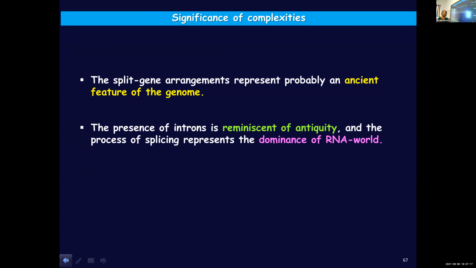And you know that before the RNA is getting formed, hnRNA will undergo the splicing process by means of which introns are removed and exons are joined. So the RNA is deciding whether the introns should be maintained or not, and that is getting removed. So since RNA is deciding the splicing process, we say that this process is indicating the dominance of the RNA world.